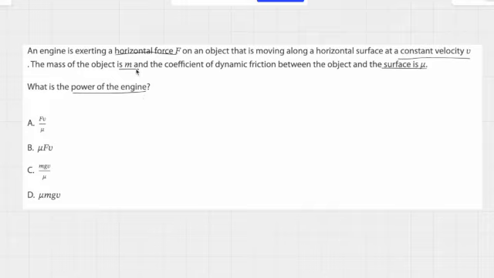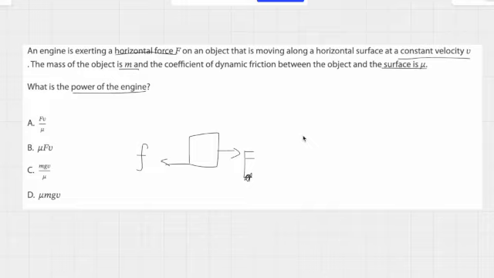Okay, so if this object here is moving under a horizontal force, we call this F. Then if it's moving at a constant velocity, the friction backwards, which we can call small f, is equal and opposite to this big F. So that basically means if we find this friction, we can express this big F in terms of small f.